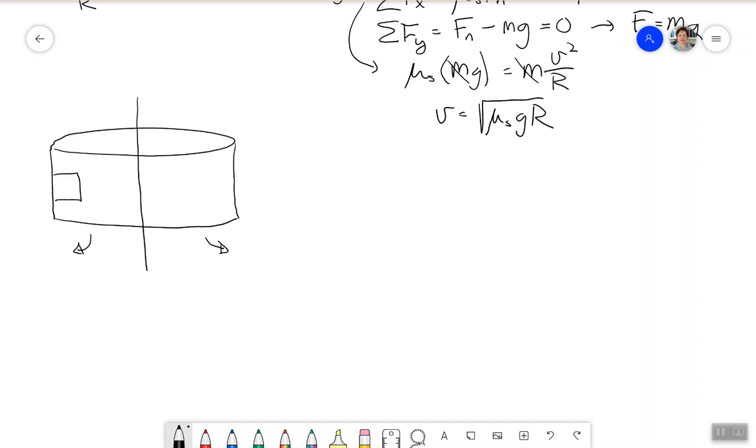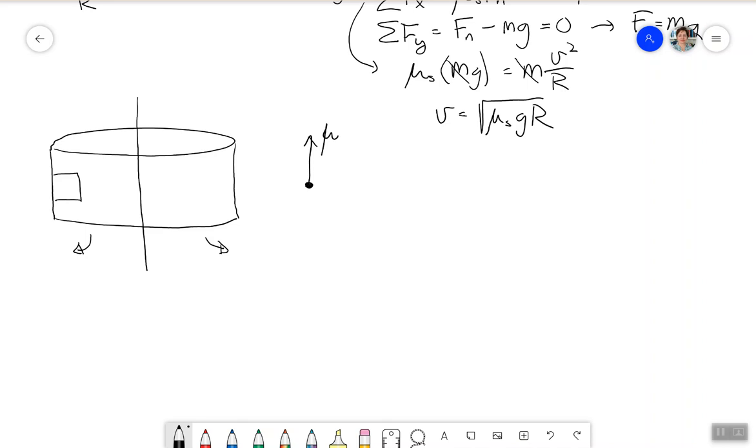So if we repeat this now, what we find is that the force in the first example that was inward pointing was friction. Now the force that's inward pointing is the normal force. So the mathematics are going to look very similar, and even the free body diagram starts to look a little bit the same, only now things are switched, right?